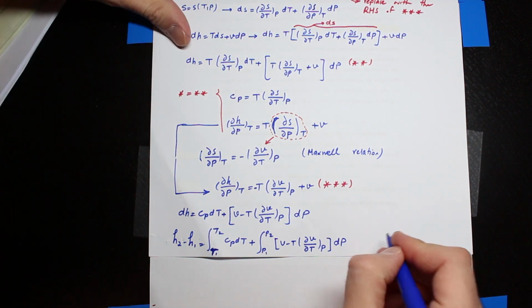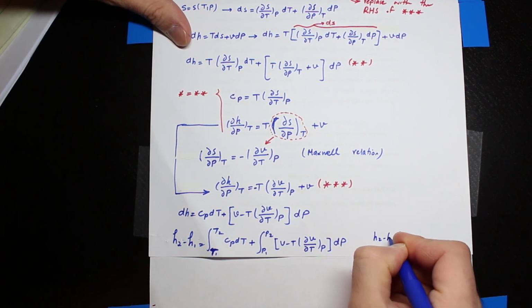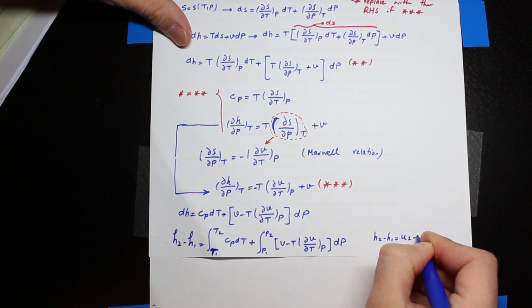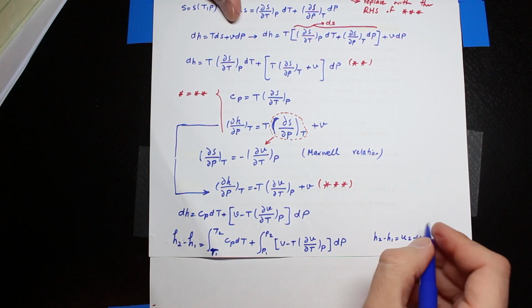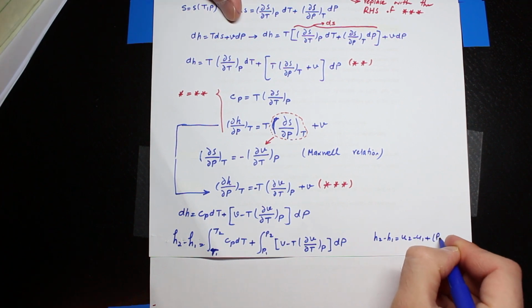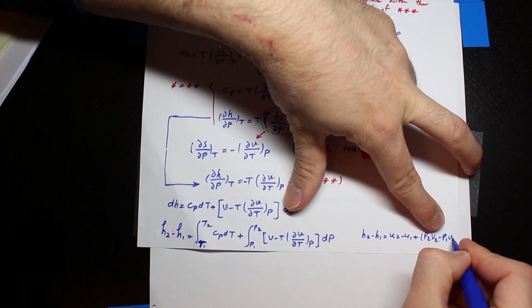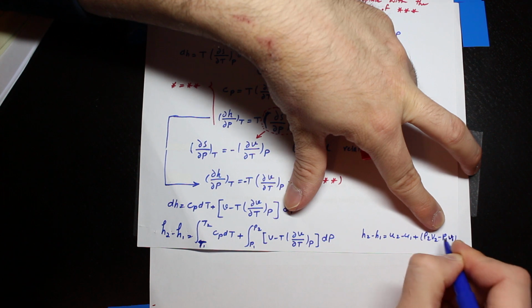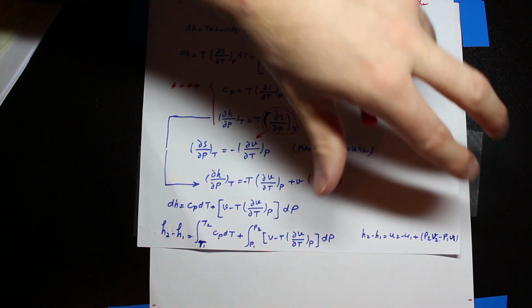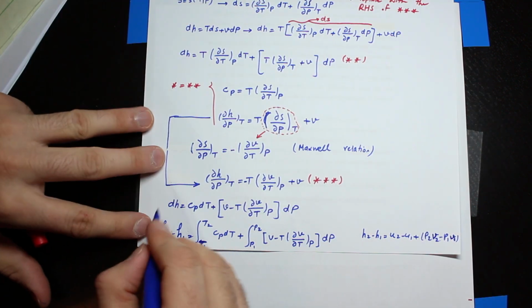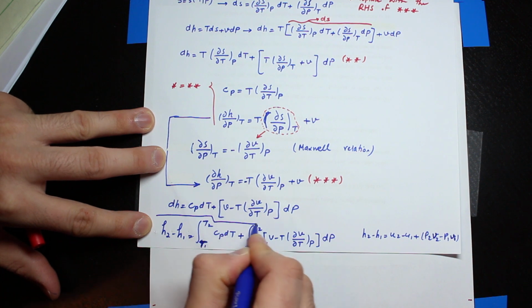Also, I know that H2 minus H1 is equal to U2 minus U1 plus P2 V2 minus P1 V1. These V's, by the way, are specific volumes. So this is the equation I was looking for.